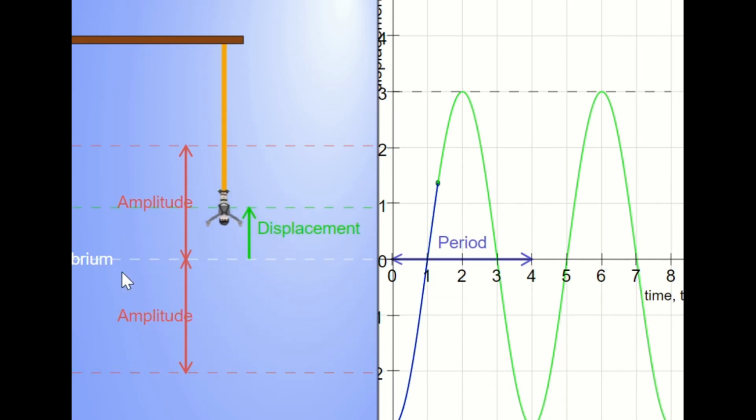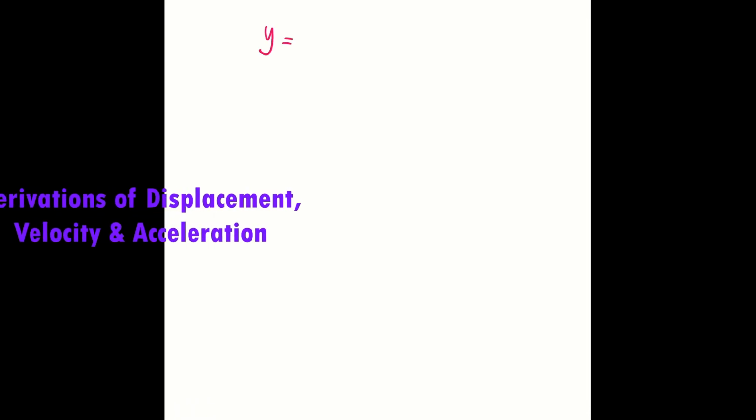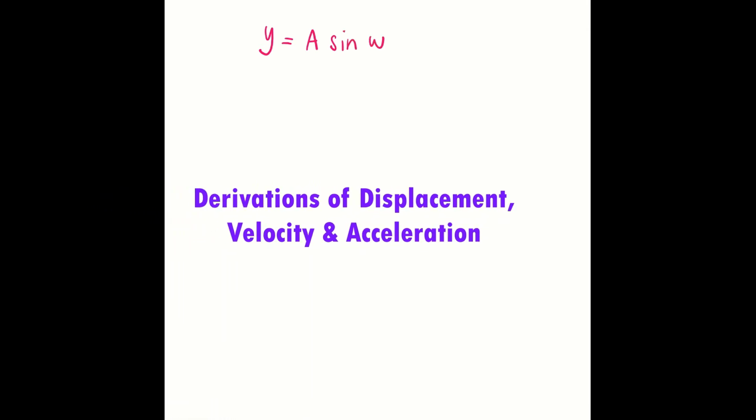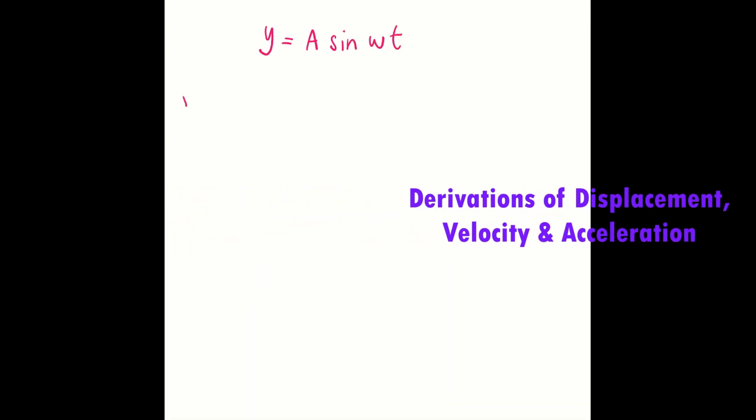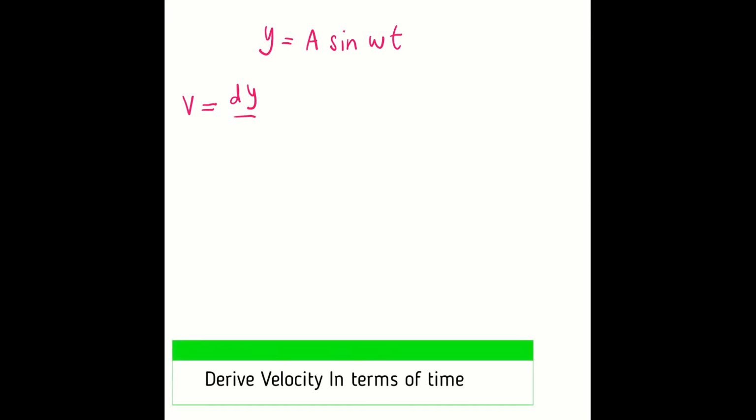One more time, we have the equilibrium position at the middle, and for this motion, when the motion is above the equilibrium position, the displacement is going to be positive, and when it is moving downward, below the equilibrium position, the graph is going to be negative. So let's substitute the equation.